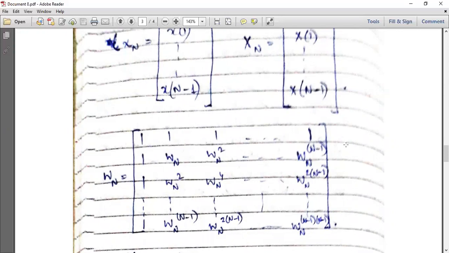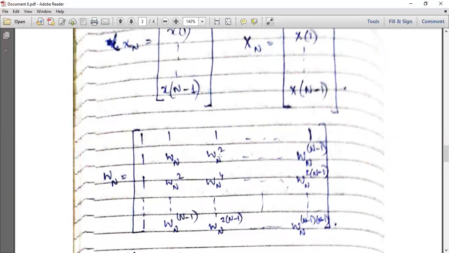Now from the second element of the second column, you see the power of W_N is increasing, 1, then 2, then up to N minus 1. Here it is W_N to the power 1, here it is W_N to the power 2, up to W_N to the power N minus 1.